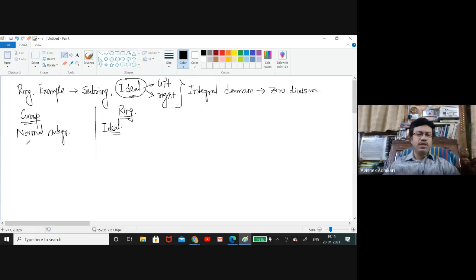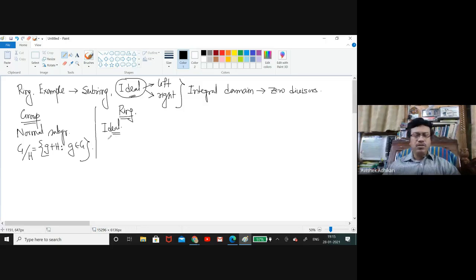As we remember, if G is a group and H is a normal subgroup, then we can have this idea of quotient. That means all such elements of this form g plus H such that g belongs to G. So that's the basic idea of our quotient.